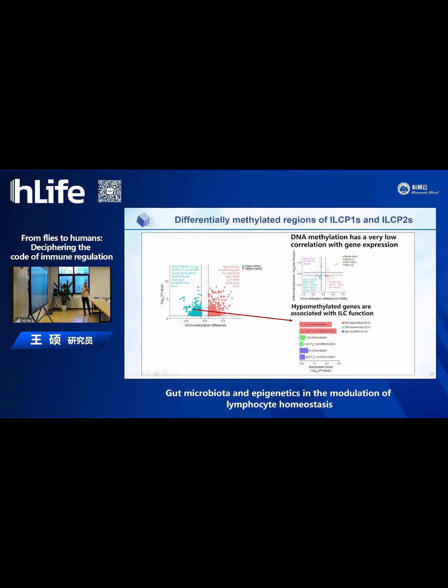However, the hypomethylated genes are associated with some ILC functions, such as type 1 or type 2 cell functions, which means that the ILCP2 subset has its own signature in the features of the DNA methylation levels.